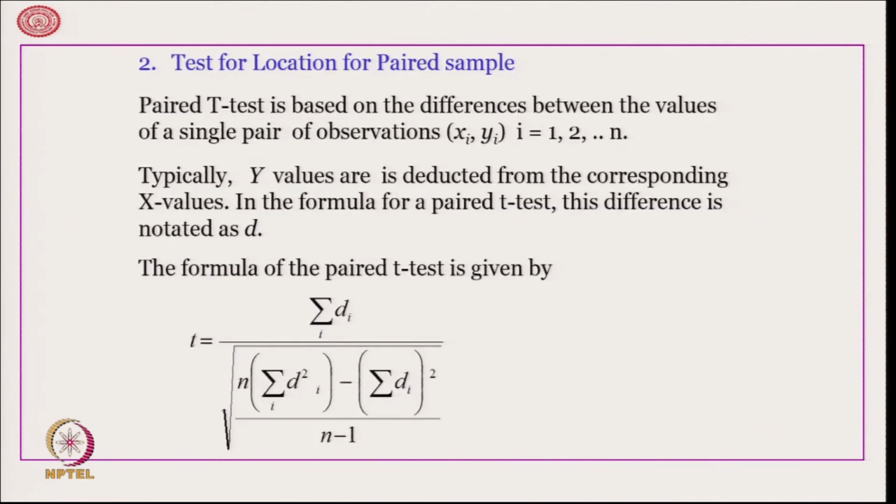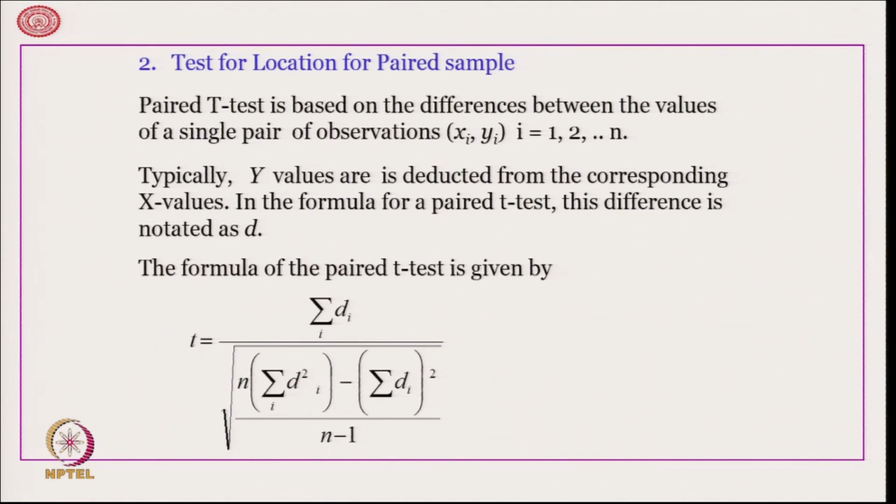Another important problem is the test for location for a paired sample. For the parametric case, the paired t test is done, and it is based on the difference between two values of a pair of observations x I, y I for I equal to 1 to n, where n is the sample size.